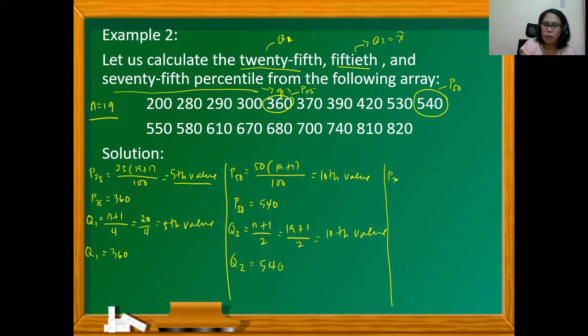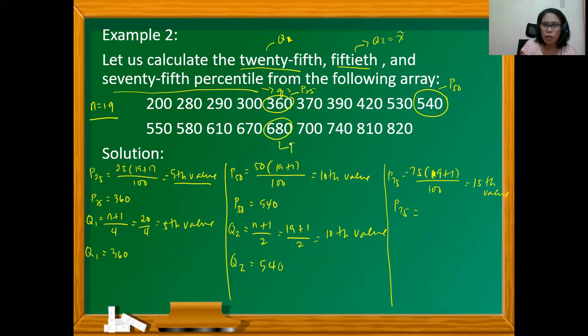For P sub 75, this is 75 times (19 plus 1) all over 100. So this is 75 times 20 divided by 100. So this gives us the 15th value, or 15th item. So P sub 75 is found by counting 1, 2, 3, 4, 5.